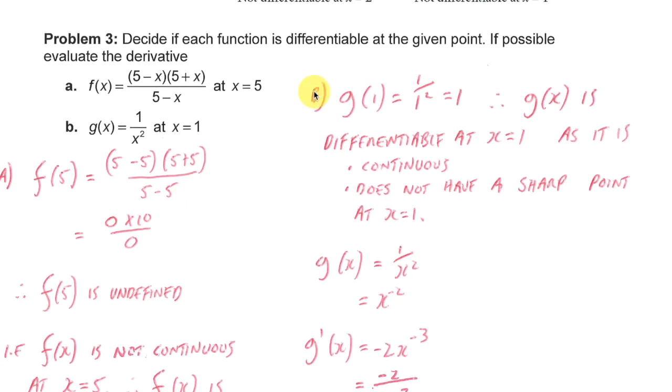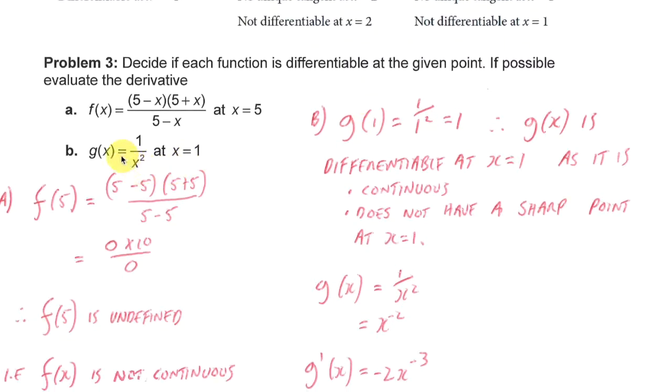B. We've got 1 over x squared for x equaling 1. So this is going to be a truncus. The basic shape is going to be a truncus with an asymptote at x equaling 0. So g of 1 equals 1 over 1 squared, which equals 1. So g of x is defined for x equaling 1.